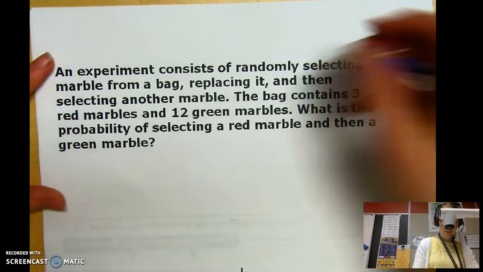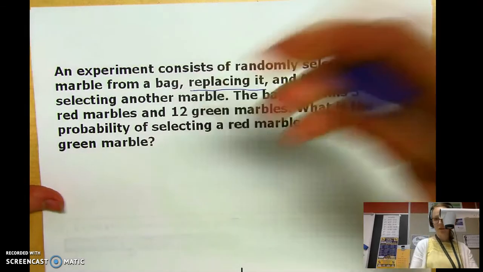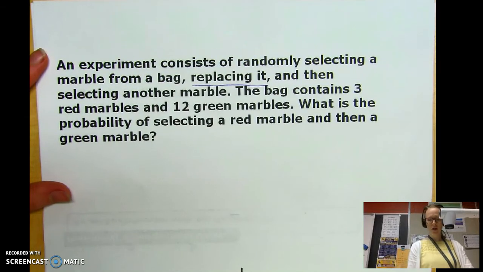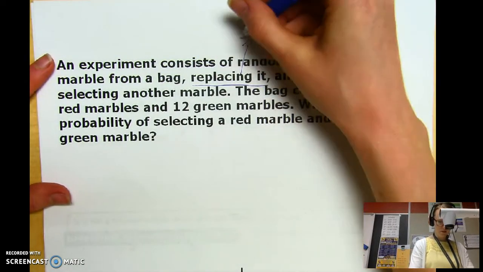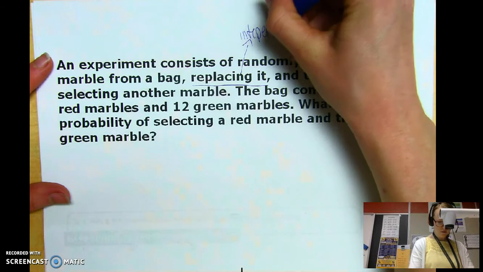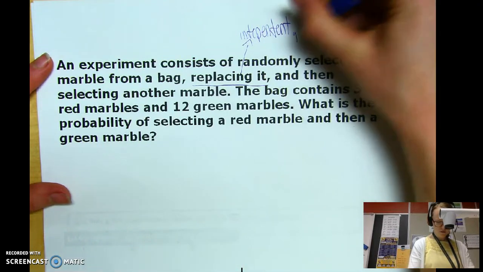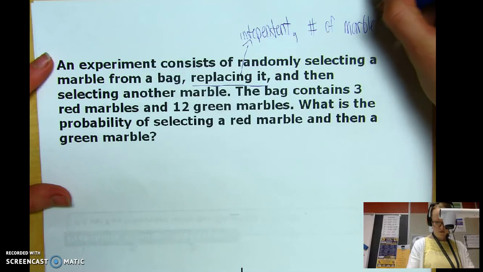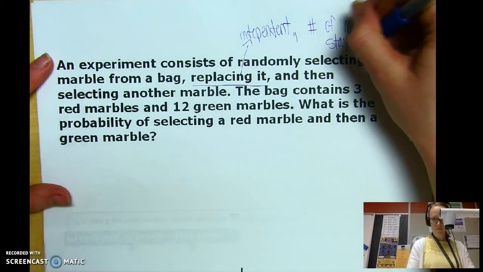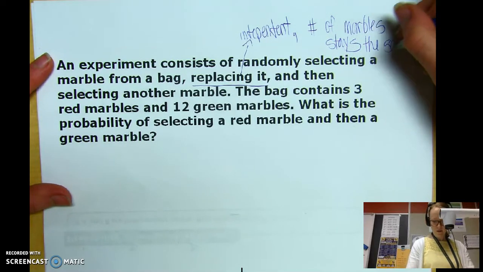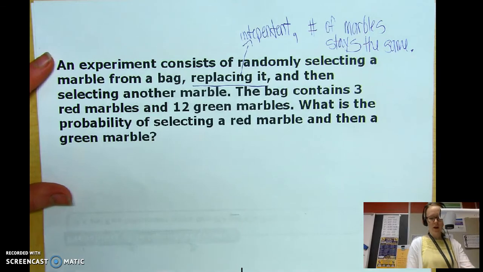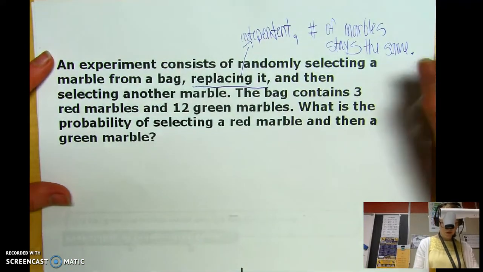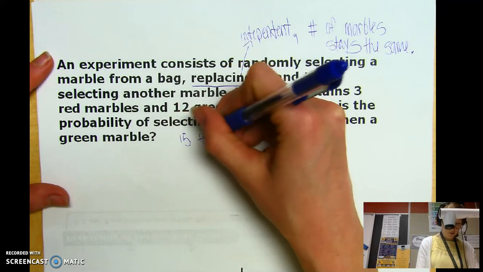So, this idea of replacing it means that we're putting that marble back, and then we're going to have the same number of marbles in our sample space. So this means that it's independent. All right, so let's get down to it. The bag contains 3 red marbles and 12 green marbles, which means there are 15 total marbles.